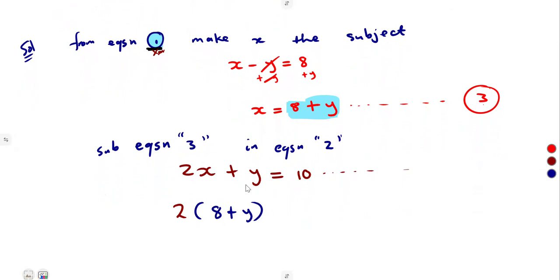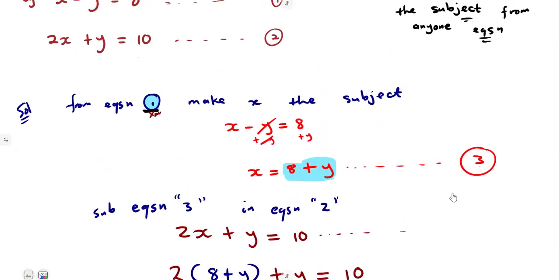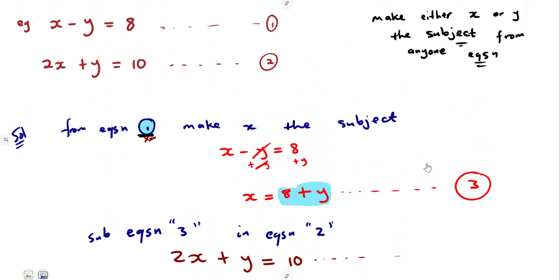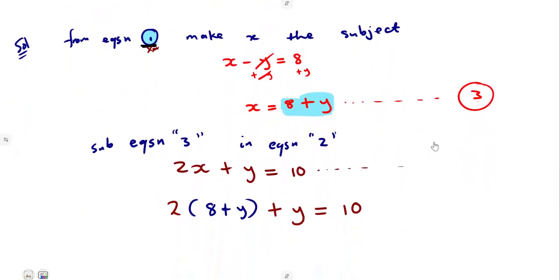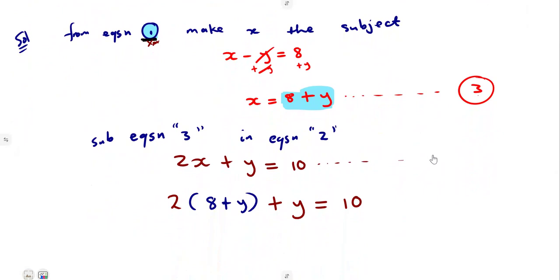We have substituted in place of x, plus y, and this is supposed to give us 10. In equation 2, where we have got x, we put that one. This is the major focus. So that is how these questions can be given.